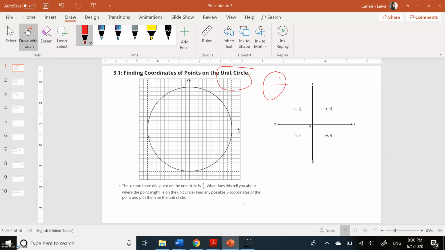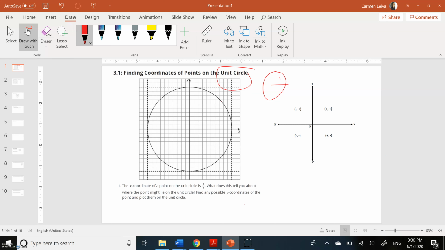All of the other circles are simply circles, but this circle that has a radius of 1 is called a unit circle. You're going to be looking into this more in depth next year, but for now, that's all you need to know. So a unit circle is a circle that has a radius of 1, therefore has a diameter of 2.